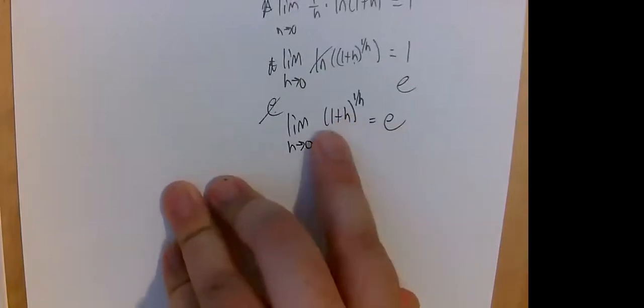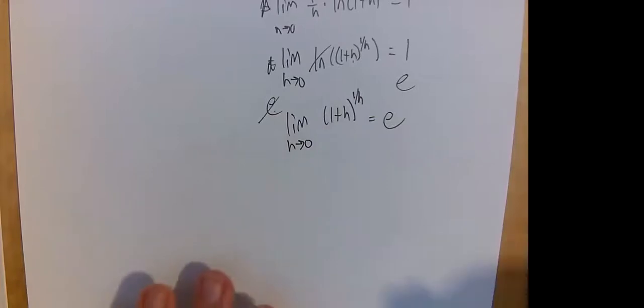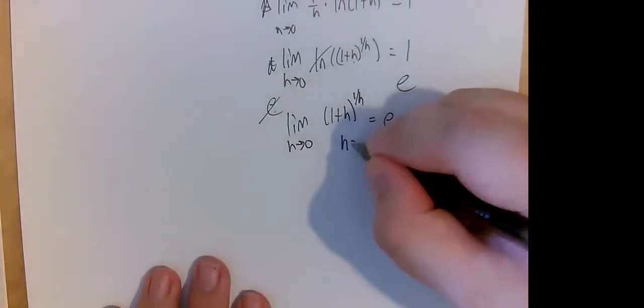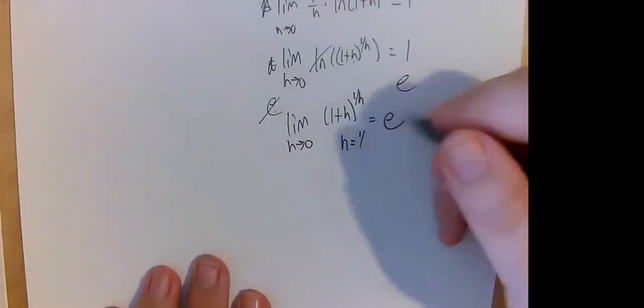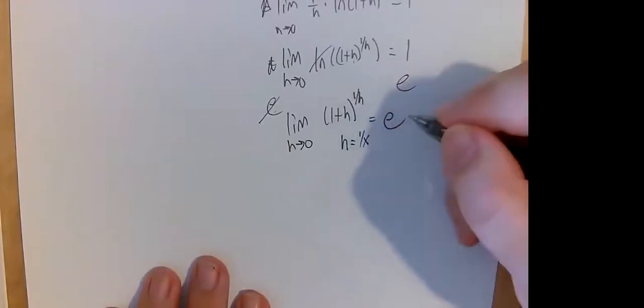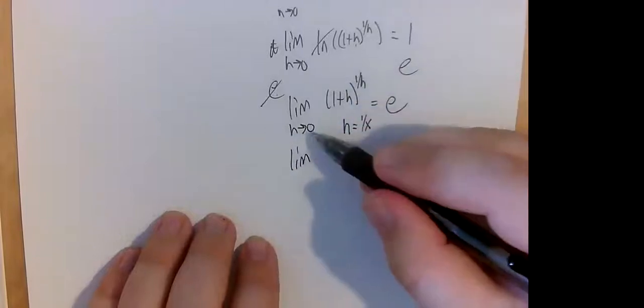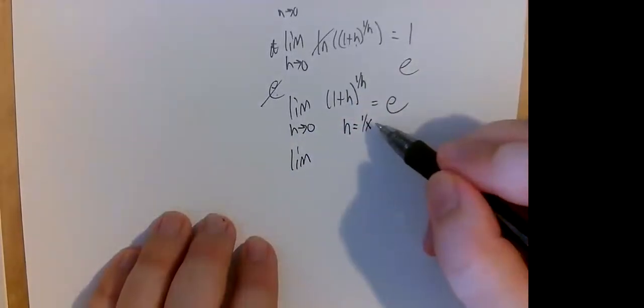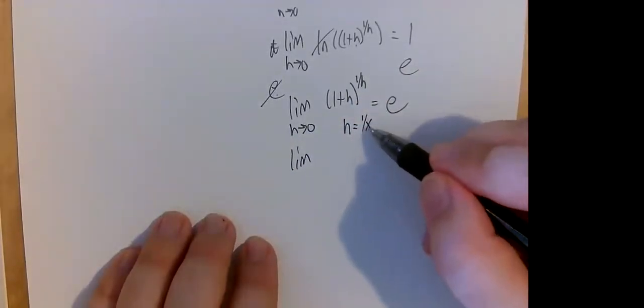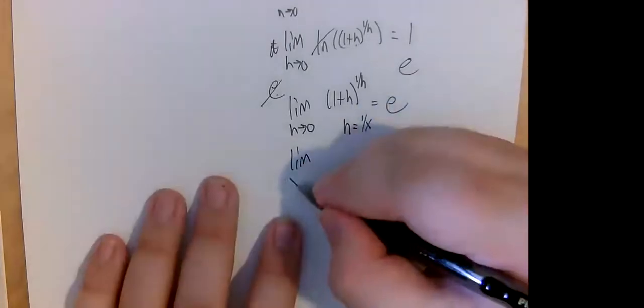Now, this is an acceptable definition for e right here, but I think a more common one would be where we make the substitution h is equal to 1 over x. Then we have the limit. Now, if h is going to 0, that means that x needs to be going to infinity for this to work.